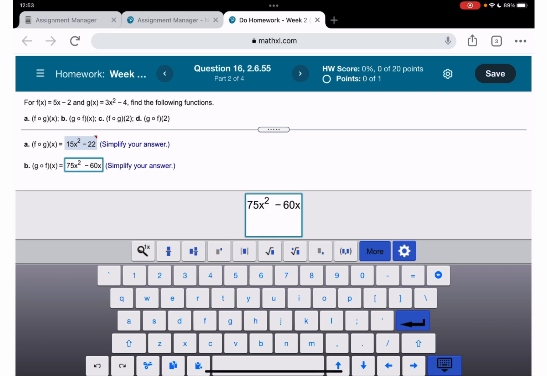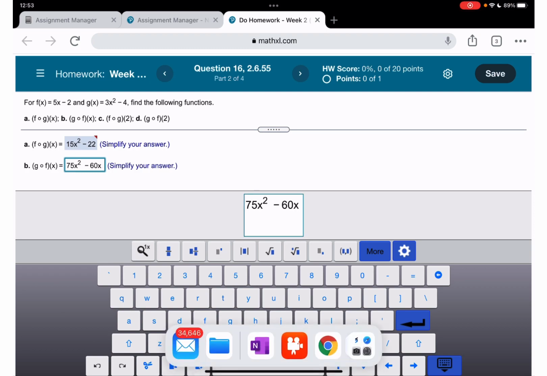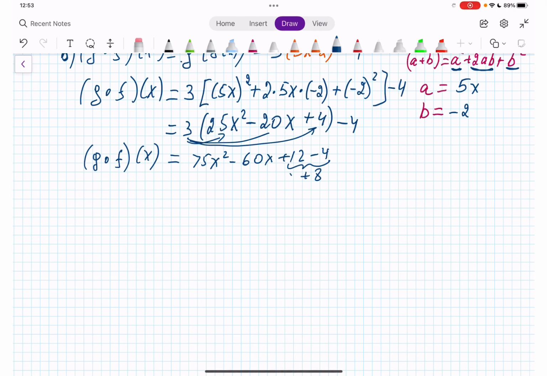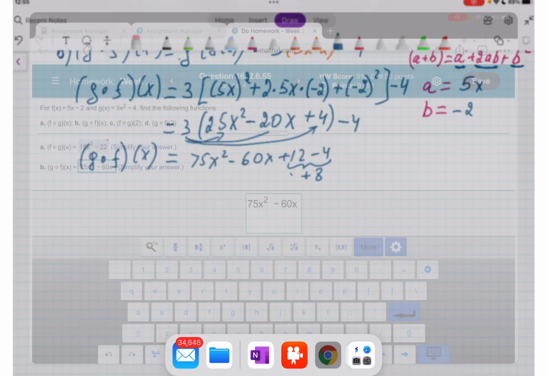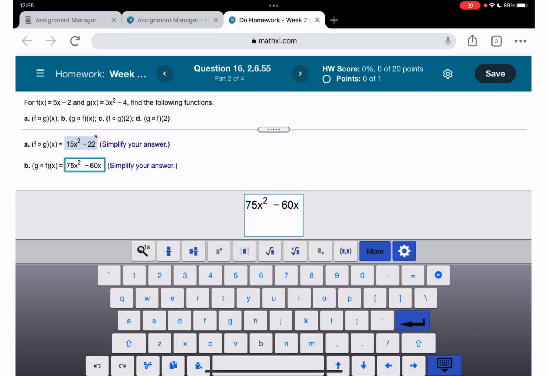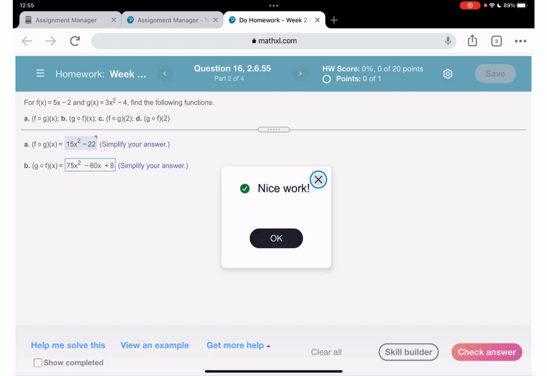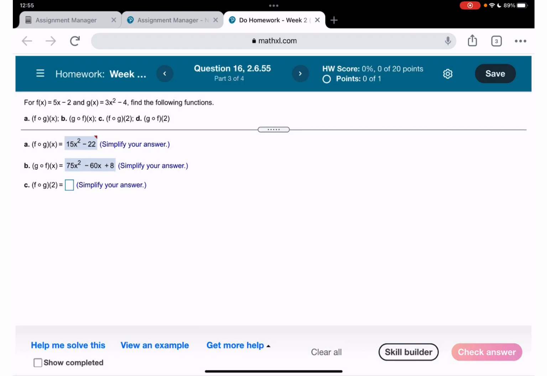I need to move it back. It's not coming back. Well, let me see if it will take it with this space. And we have, what else? Plus 8. Let's see. Oh, okay, it took the space. That's all right. Okay, bingo.